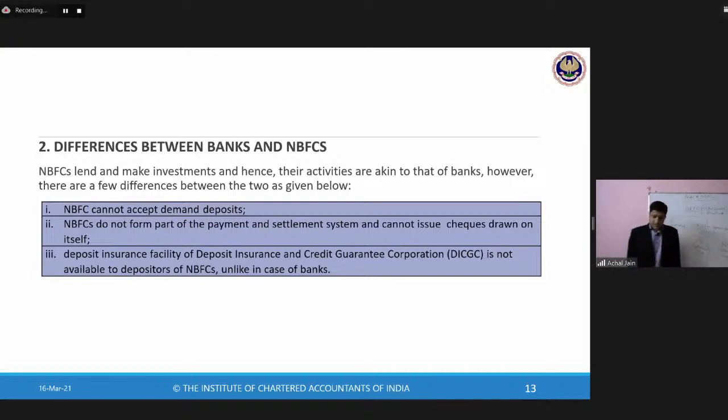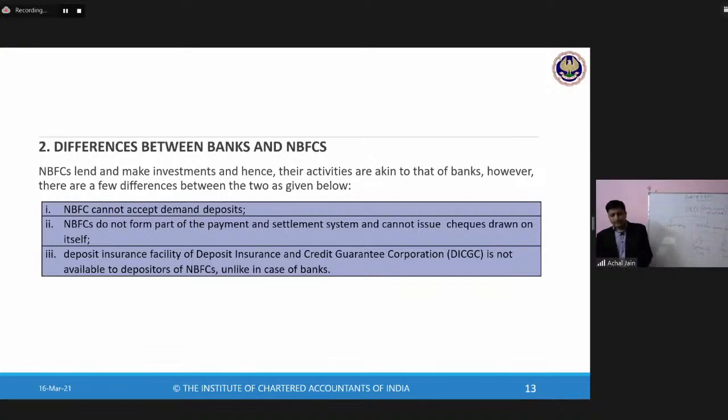Fourth, there is no minimum exposure to priority sector. The banks are required to have some minimum exposure to priority sector. Those priority sectors have been prescribed as per the required regulations, wherein they are required to have some minimum exposure, but that is not the case with NBFCs.